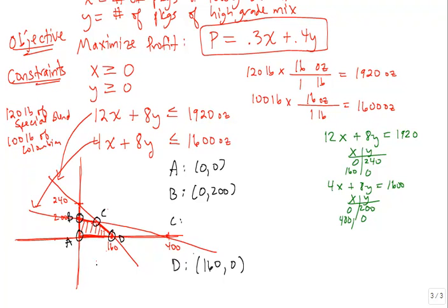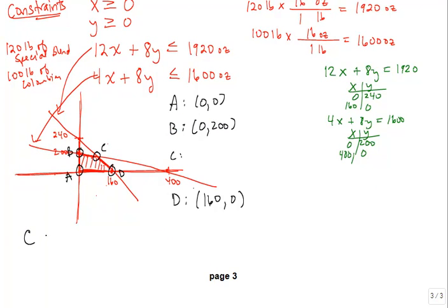So what you have to do to figure out what C is, notice where it's occurring. It's the intersection of these two lines. So C is the intersection of our two equations, 12x plus 8y equals 1920, and 4x plus 8y equals 1600.